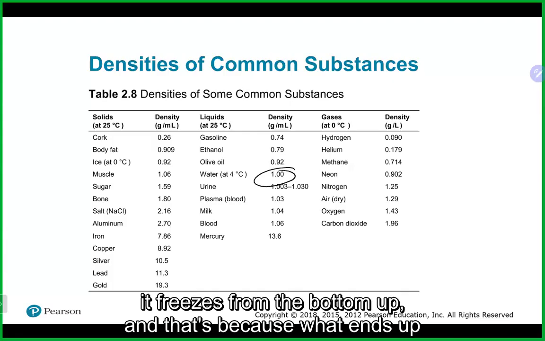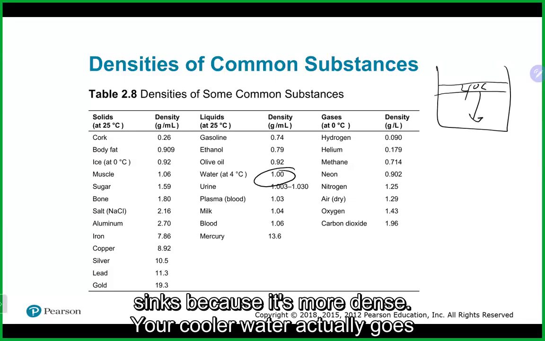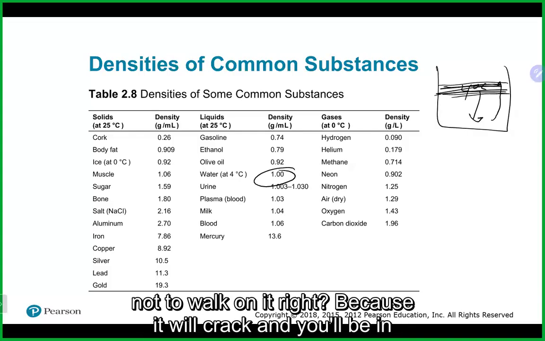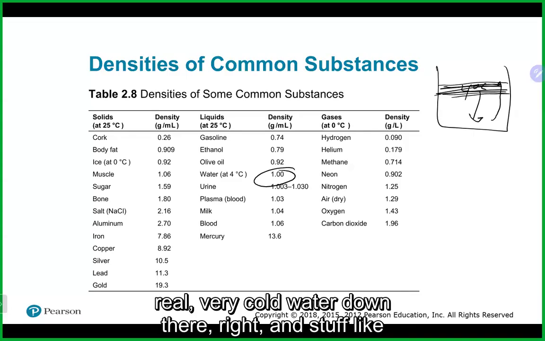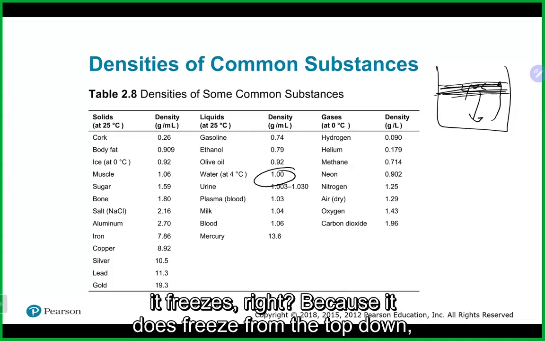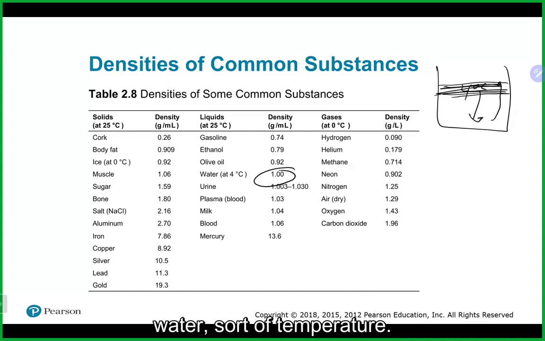That's because your warmer water, like your 4-degree water, sinks because it's more dense. Your cooler water goes to the top where it freezes. Sometimes it doesn't freeze so well, which is why they tell you not to walk on it, because it will crack and you'll be in very cold water. So that's why the fish are okay when it freezes, because it freezes from the top down, not the bottom up. It has to do with the density of water at different temperatures.